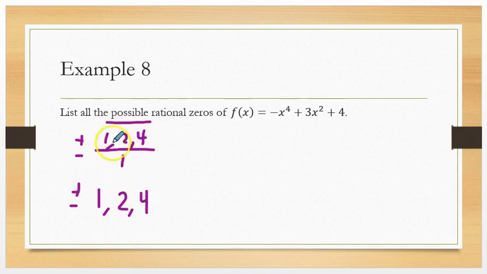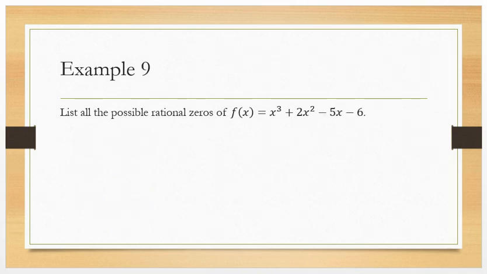So I'm just reducing the 3 possible combinations, 1/1, 2/1, 4/1. I don't see any other ways to pick a number on top and a number on the bottom, so that is my list of possible rational zeros. There are 6 numbers being listed here because I have both the positive and the negative versions. So if they say possible rational zeros, you'll have a list of many numbers, then we'll learn which ones are actually the zeros.